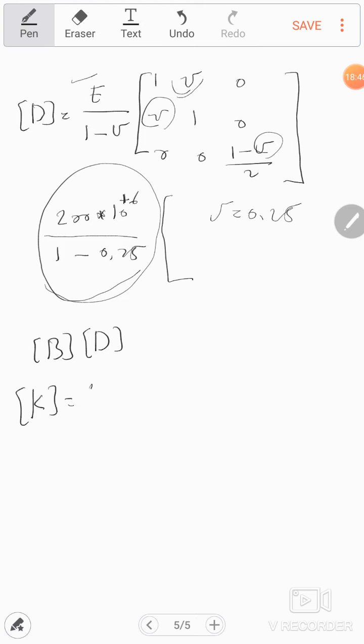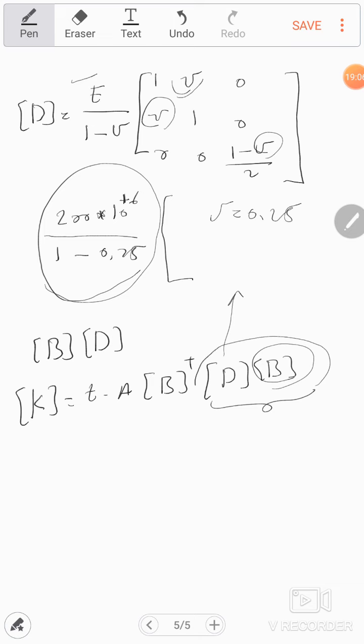I will rewrite the rule: t times A times B transpose times D matrix times B matrix. D you will get from the previous slide. Just multiply both of them, and you will get a matrix, and transpose this matrix for the B.